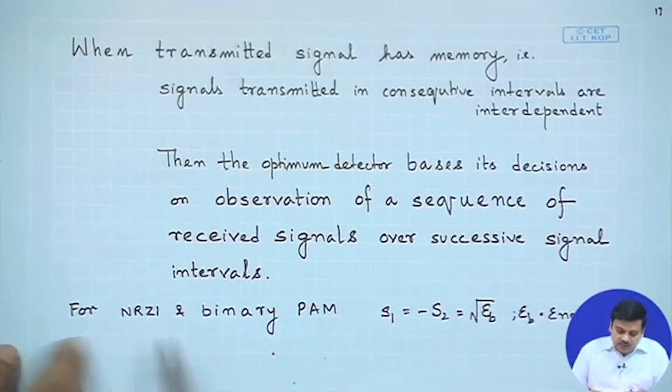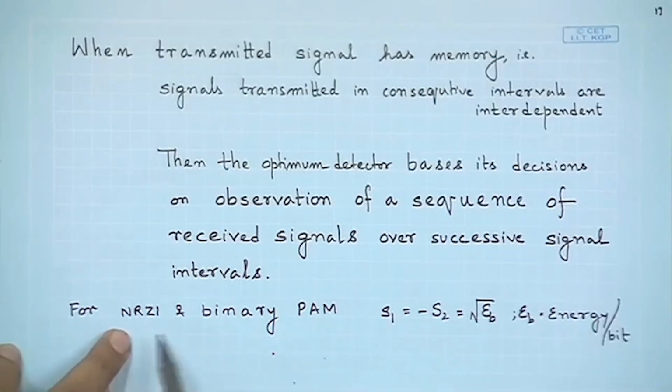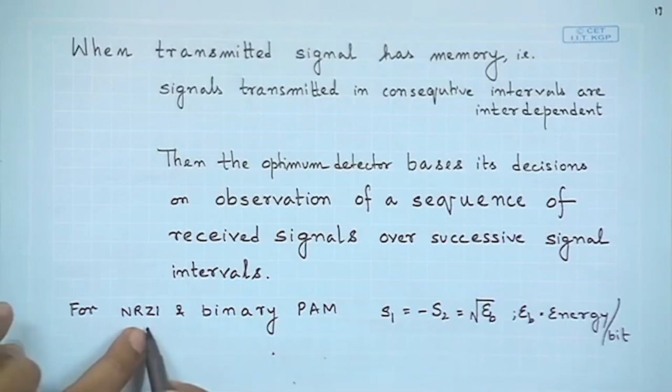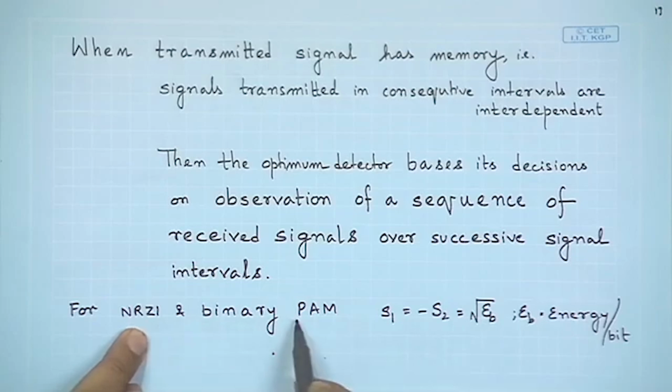So, this is the example of NRZI, where you have this XOR operation, and let us take binary PAM modulation S1 and S2. The NRZI signal is the information bearing signal where there is an XOR operation, and the outcome is still a 0 and a 1, which is used to modulate the PAM.